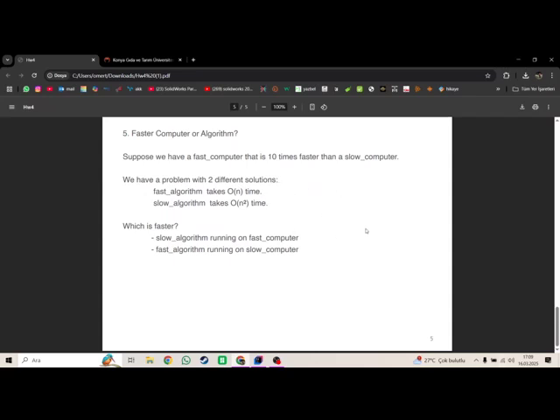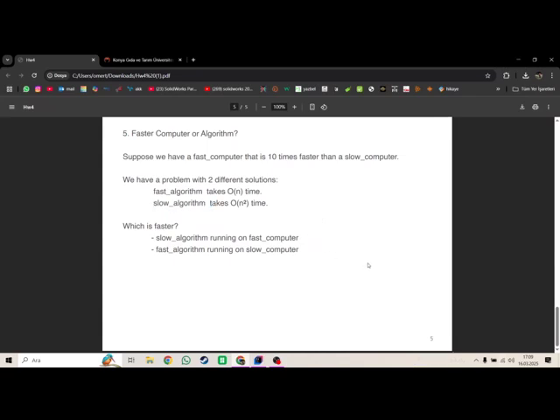The fast algorithm runs in O(n) time. This means that as the size of the input n increases, the time taken grows linearly. Slow algorithm.